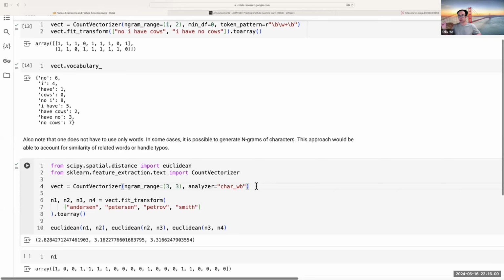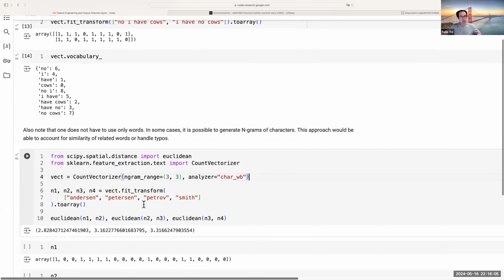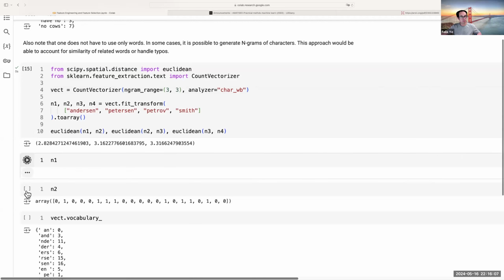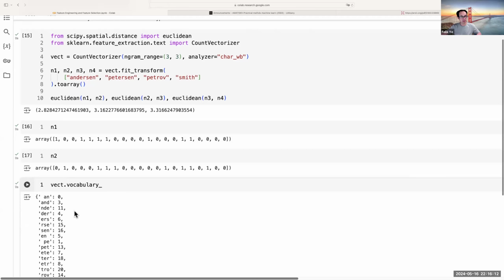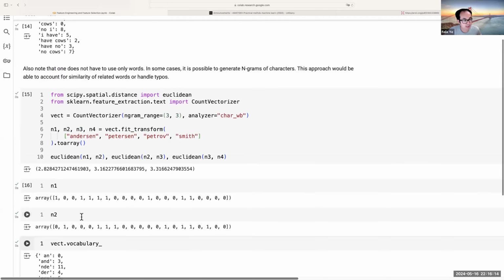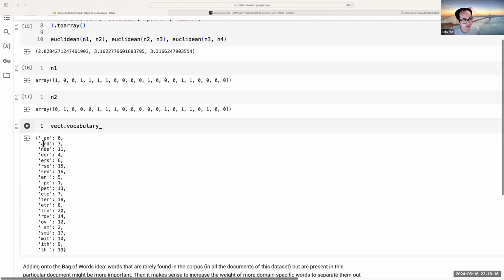Once we do this fit transform, you will see right here we're going to see these triplets. So one token is no longer a word. In fact, one token is one character, and we are only considering 3 characters.